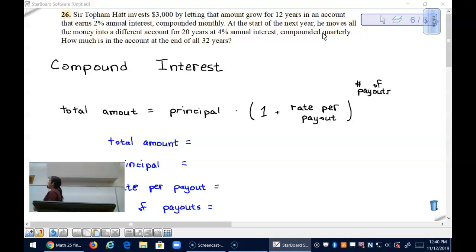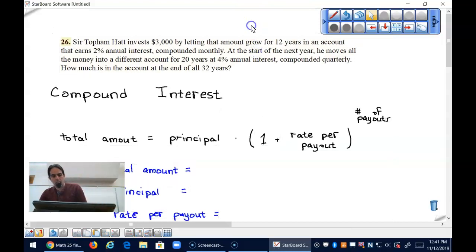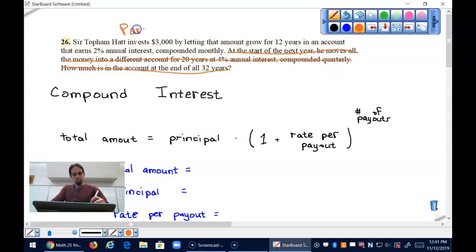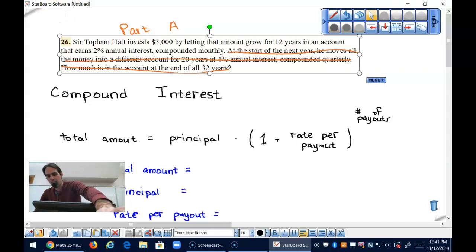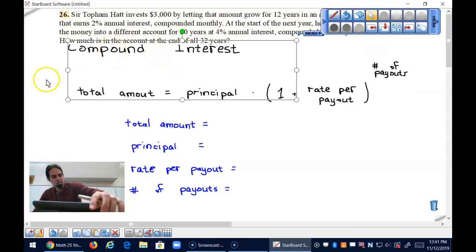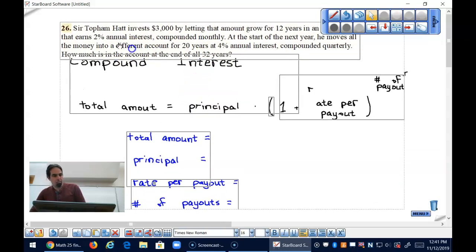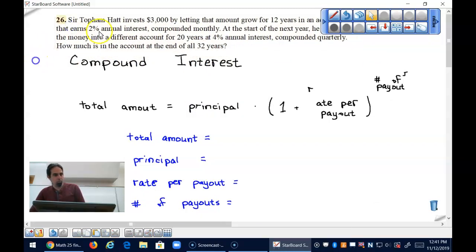The account earns 2% compounded monthly. And at that point we're going to stop because that's like part A of the problem. So we're just doing part A. Next slide, we'll do part B.